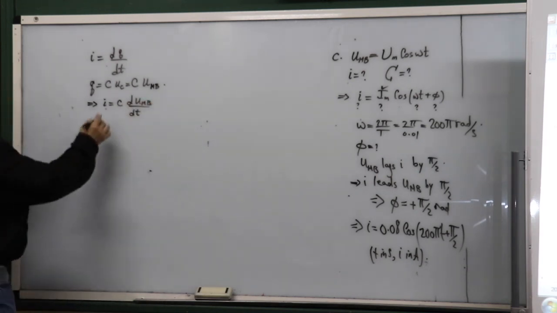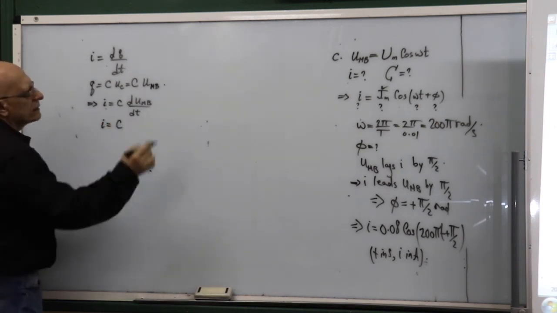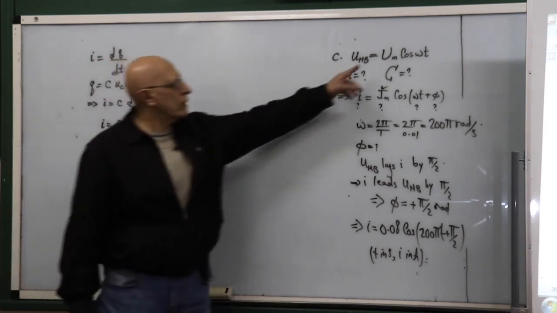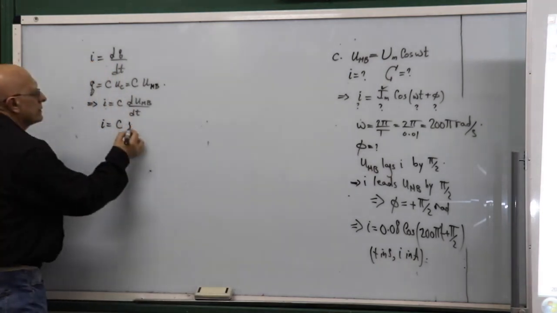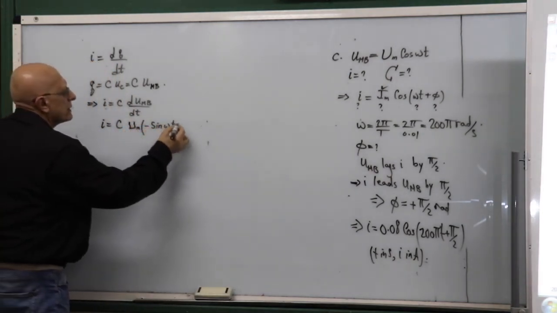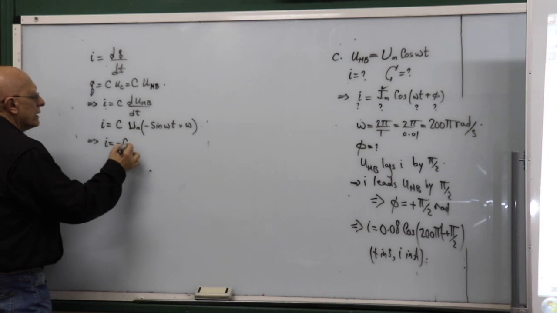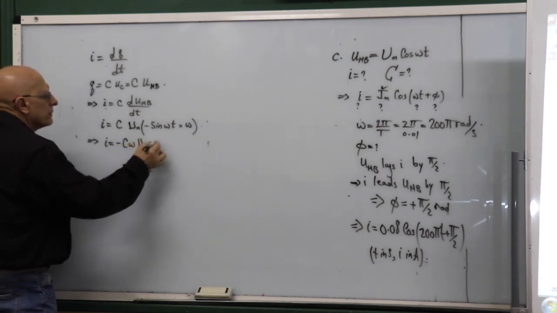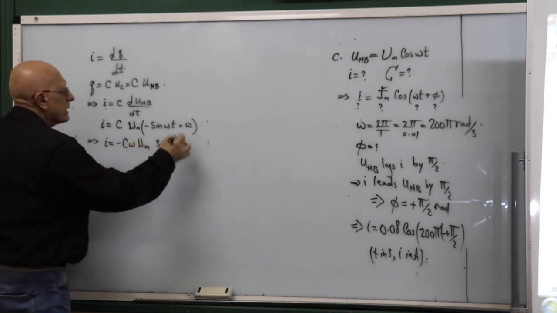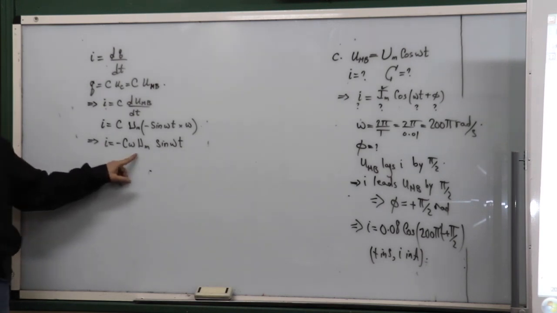Substitute, you get I equal C times the derivative of Um cosine omega t, which is constant times minus sine omega t times omega. This implies I equals minus C omega Um sine omega t.